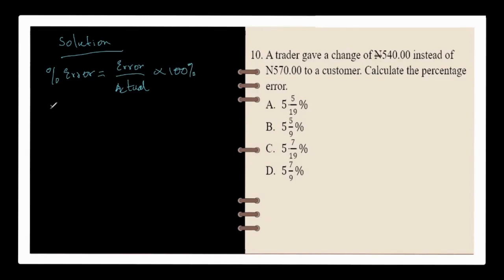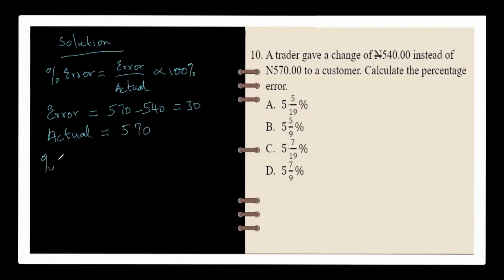So here, let's get the error. It gave 540 instead of 570, so the error is 570 minus 540, and that gives us 30 naira. The actual amount is 570.